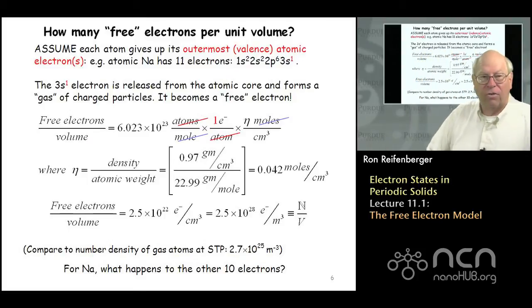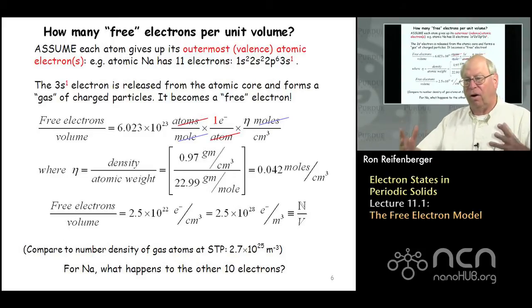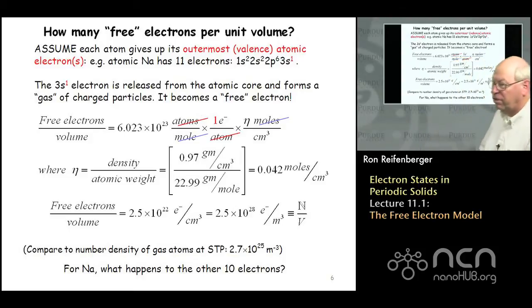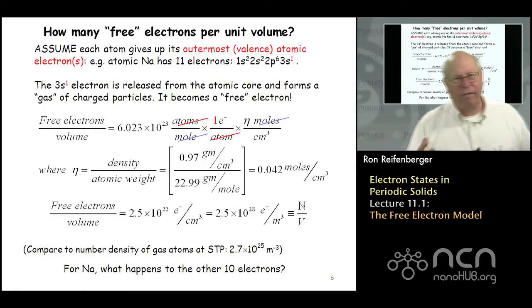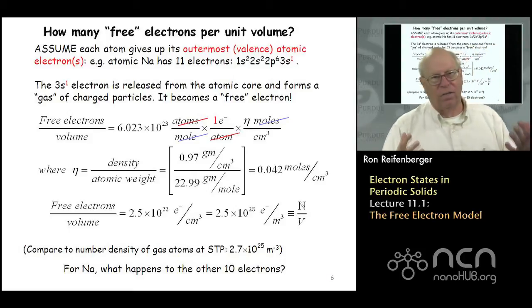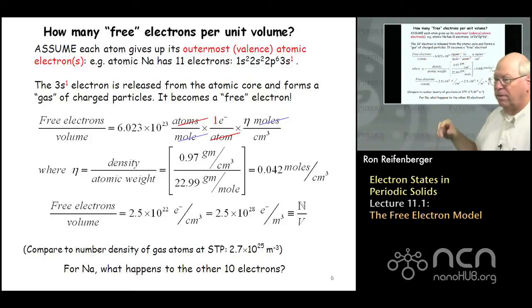How many free electrons are there going to be per unit volume in a sodium crystal? Well, we can also calculate that based on things that we already know. The first thing we have to do is look up what electron states are filled in the sodium atom. Sodium has 11 protons and it also has 11 electrons.